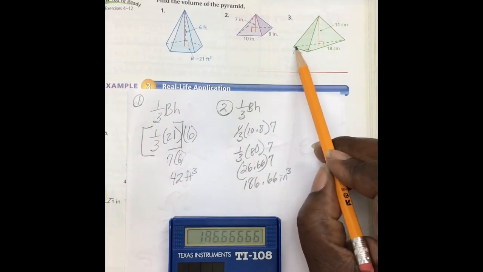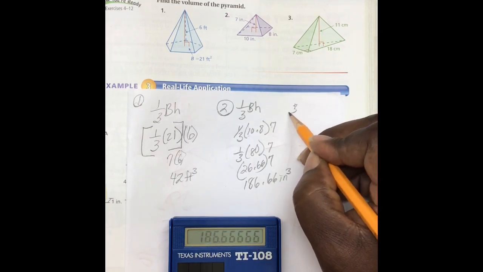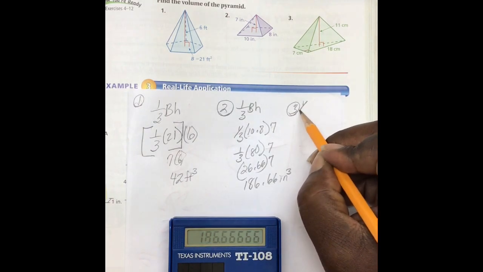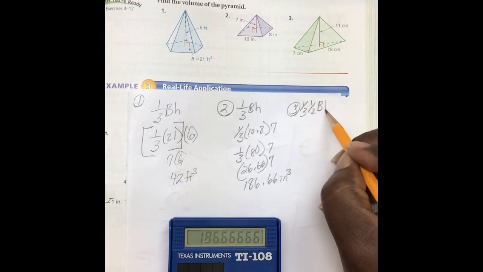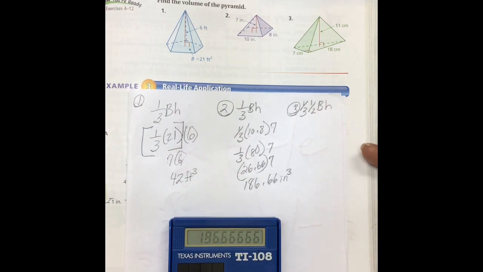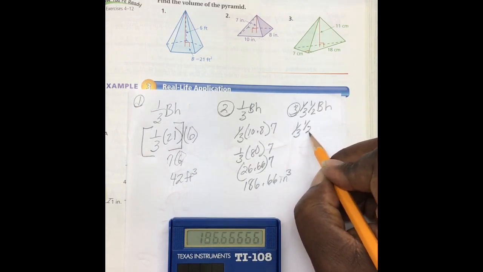Our last one has a triangular base. So number 3, we have 1/3, then 1/2 of the base, times the height. Let's take a look at that. 1/3 times 1/2.